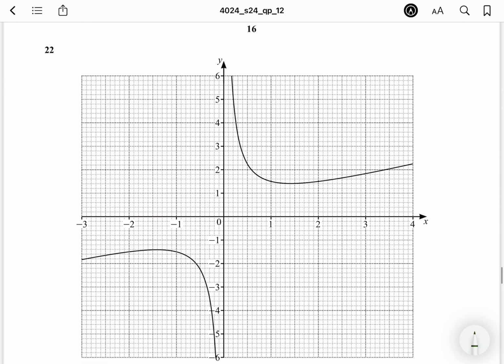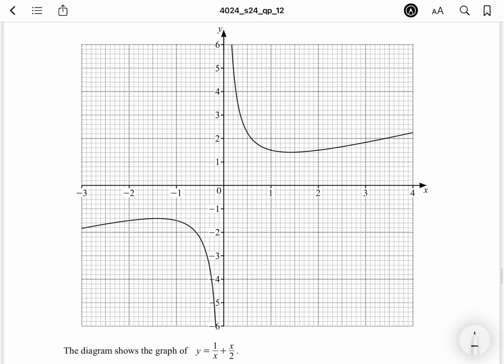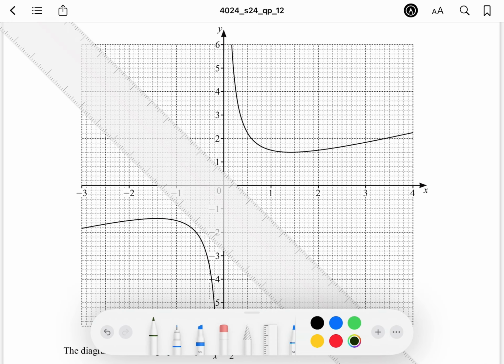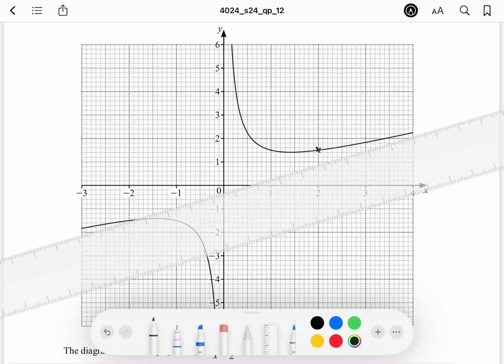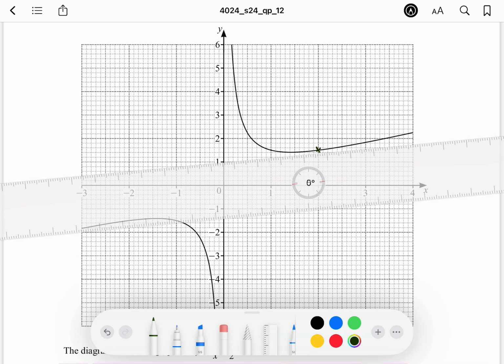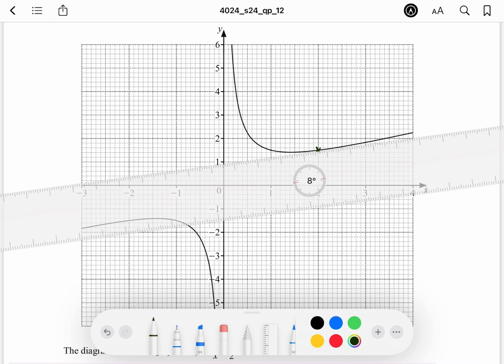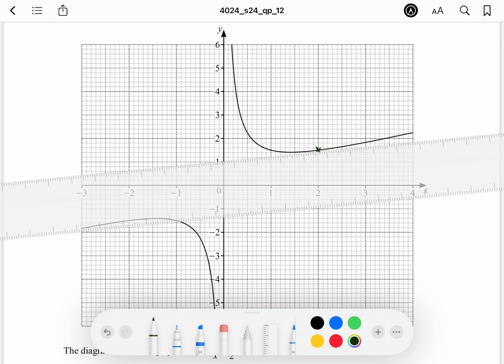Okay, next one. By drawing a tangent, estimate the gradient of the curve when x equals 2. You identify x equals 2, so it's that point. All you have to do is draw. However, if you only draw but have no working for your gradient, it will not get marks.